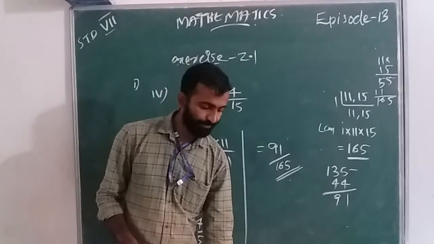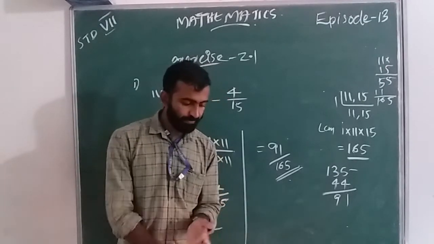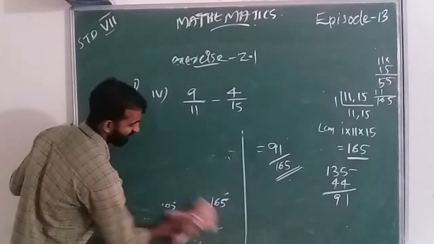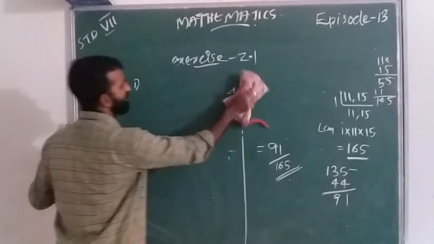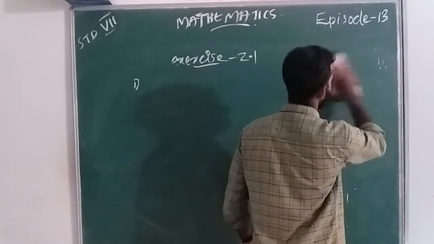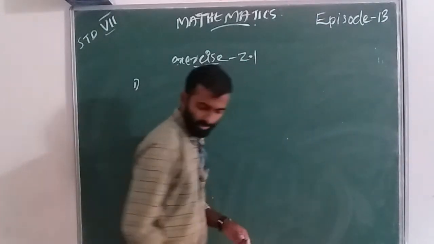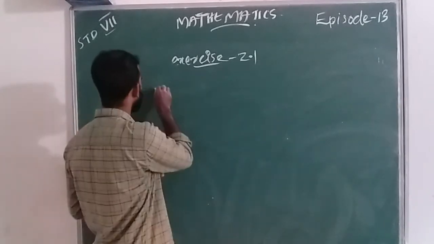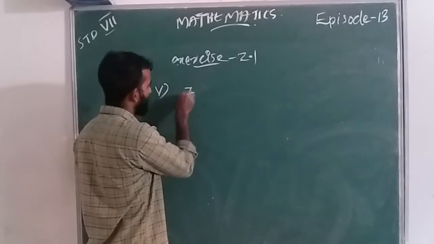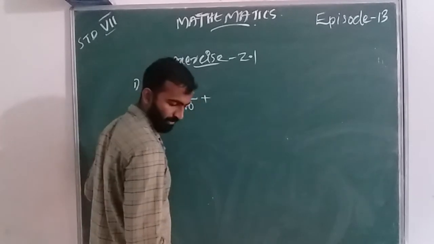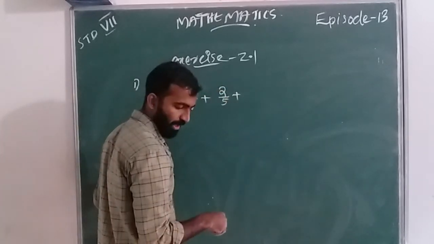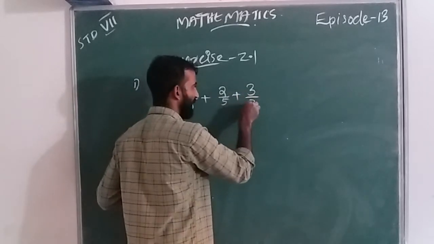And the next one, the fifth one, is 7 by 10, 2 by 5, and 3 by 2.